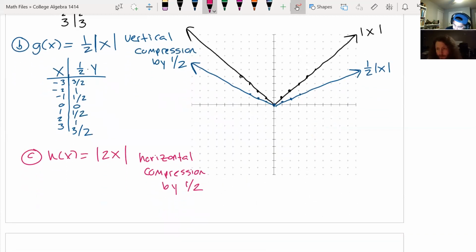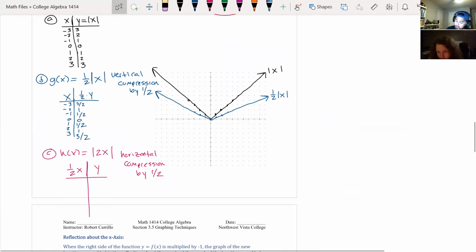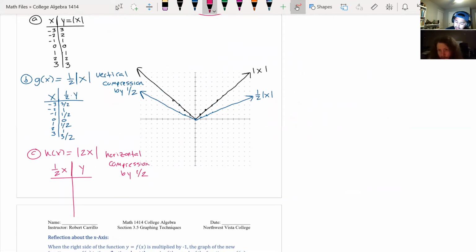And to show the transformations, you're going to do 1/2 times x. Your y values will stay the same. And we are just going to take all the parent function's x values and multiply them by 1/2.